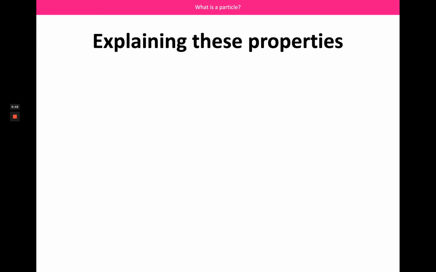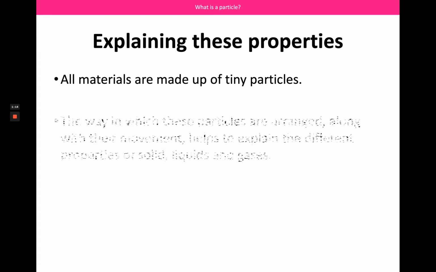Okay, so we're going to be thinking about how we can explain these properties now. I'm not going to answer those questions just yet because hopefully they'll become clear as we go through the rest of this video. So one thing is that all material is made up of tiny particles, that's going to be key now to how we're looking at and explaining those properties.